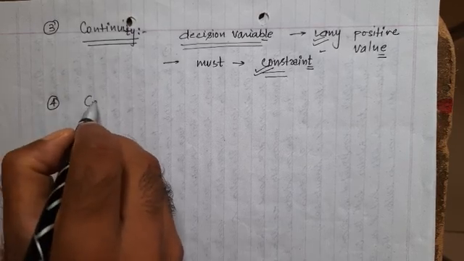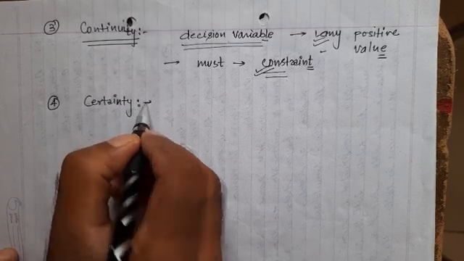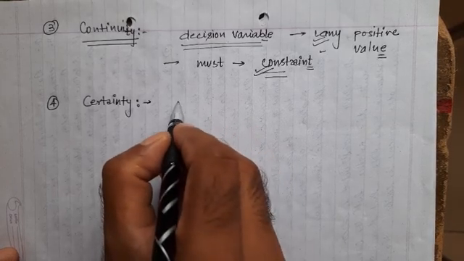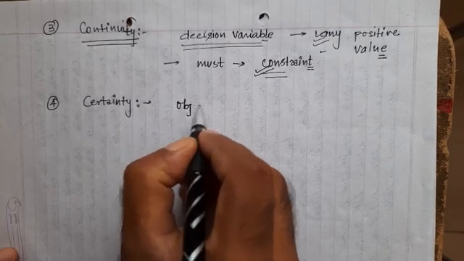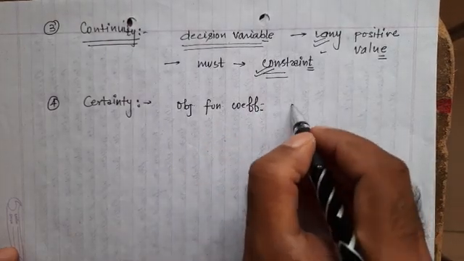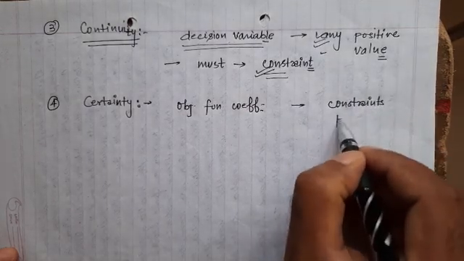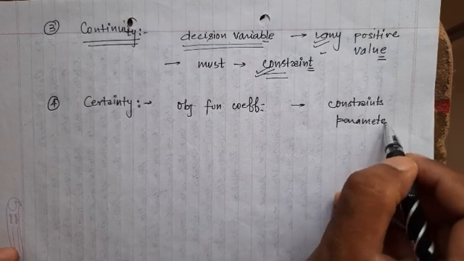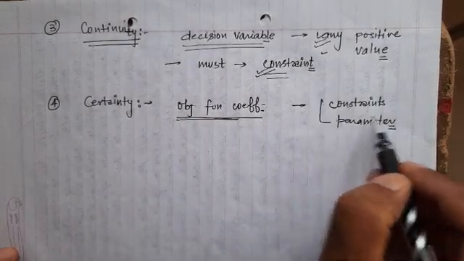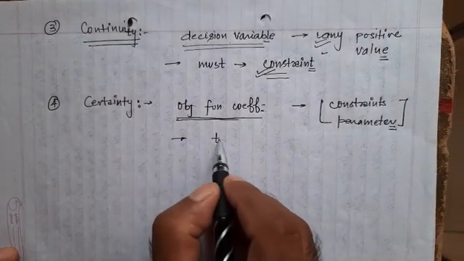The fourth assumption is certainty. Certainty means whatever the coefficients of the objective function, that we call objective function coefficients, and the constraints parameters, they should remain the same with respect to time.